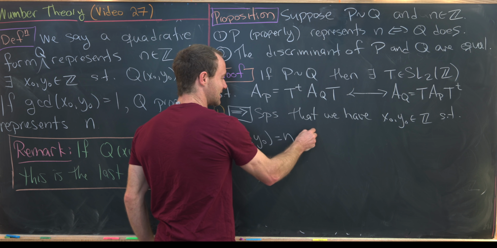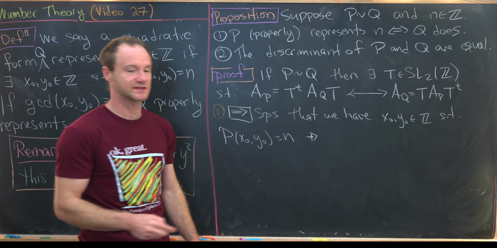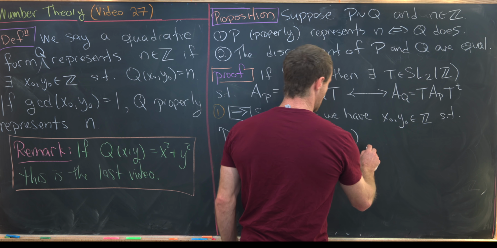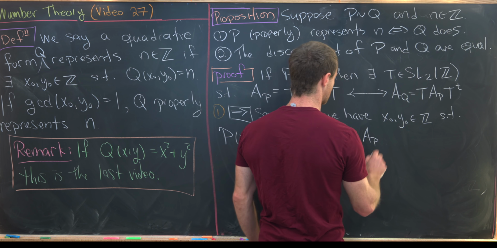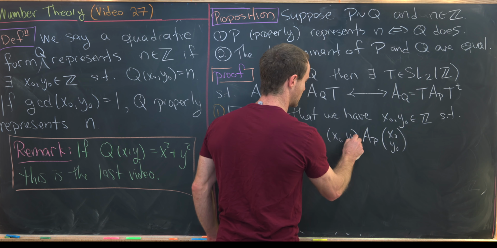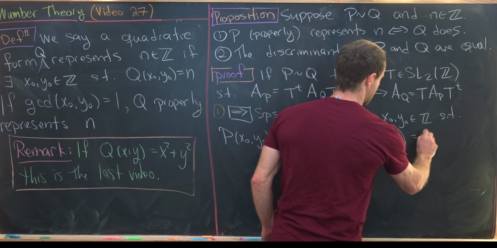But now let's take this equation involving a quadratic form and turn it into a matrix equation. So that means that x, y, and then the matrix associated with P, which we'll call A sub P, times x naught, y naught. So we've got a row vector on one side, a column vector on the other side, equals n.